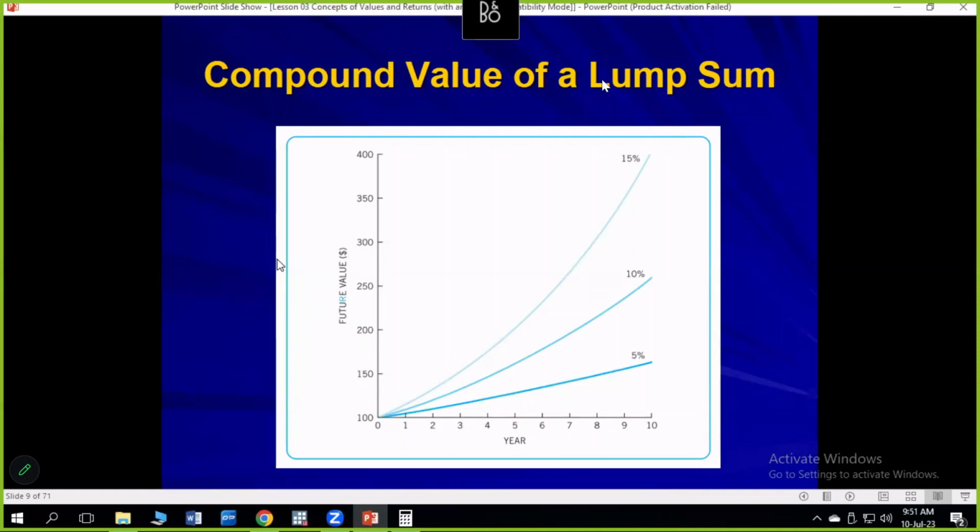From this picture, you can easily understand the compound value, the behavior of compounding values, and the relationship between the interest rates and the future value. When the interest rates get higher, the compounding of the future value accelerates.